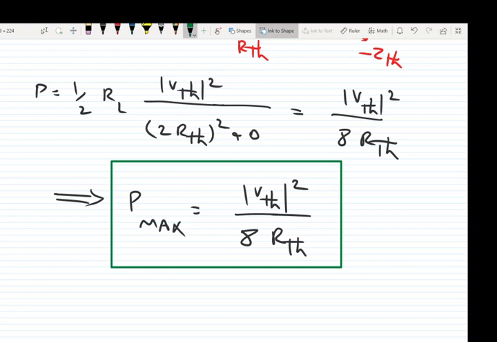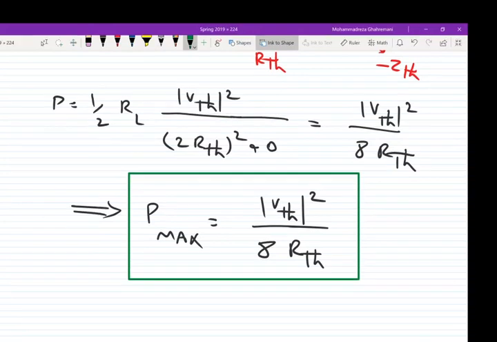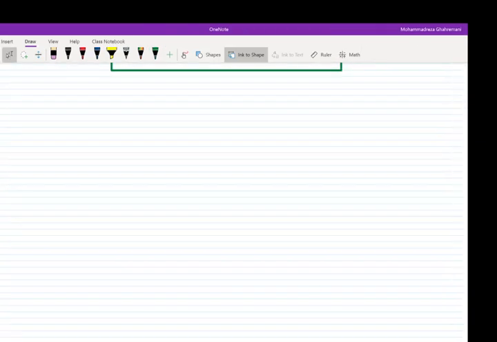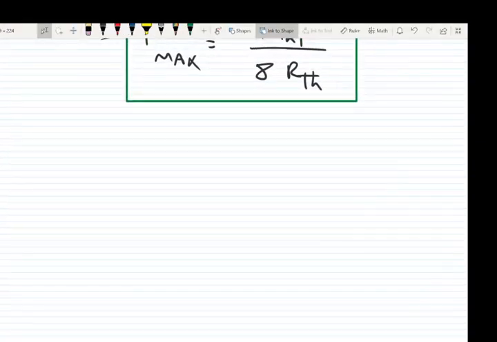Let's see one example. The example has two parts.